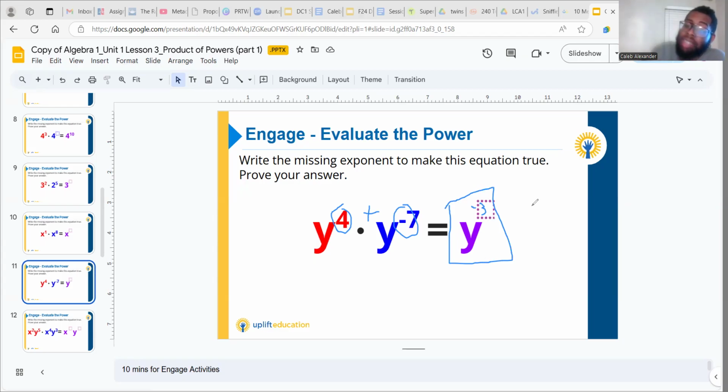I can turn this into a positive, but I have to move it down because it was at the top. This is over one. So we have 1 over y to the third power. This is our simplified answer. Does anyone have any questions on this? Okay, we have no questions, so let's move on to the next problem.